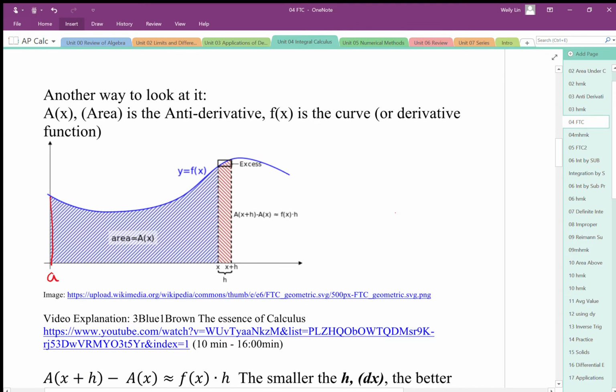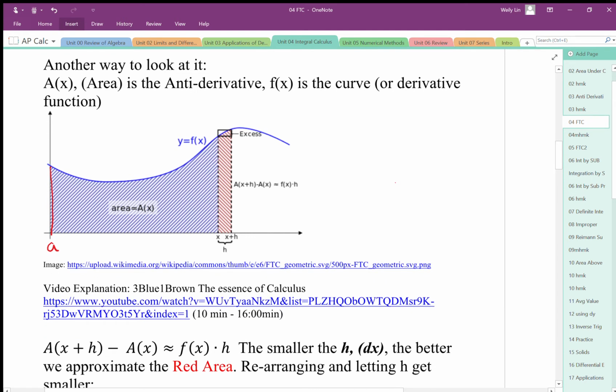So we want to establish that this, the blue line, is in fact the derivative of this area function. Okay, well, how do we do that? Well, if we take a look at our point here, right, we can say that this little bar here represents a small change in area.